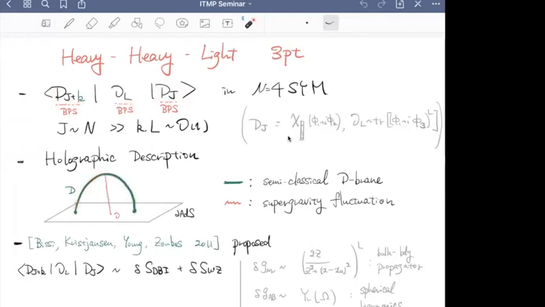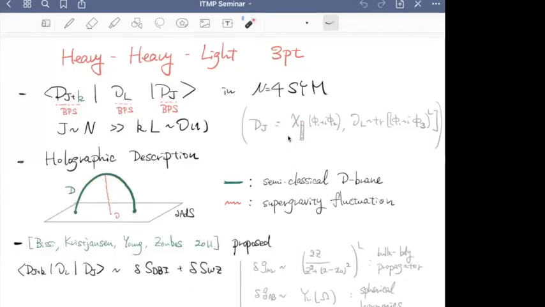Whereas this third operator, which is light, corresponds to a supergravity fluctuation. So it emits some supergravity fluctuation, and it hits this classical heavy D-brane. And this 3-point function was analyzed on the supergravity side by these people back in 2011. And they basically proposed the following result.